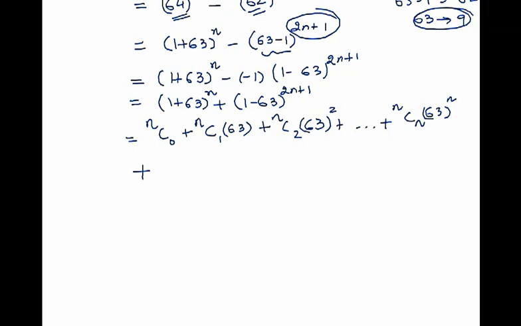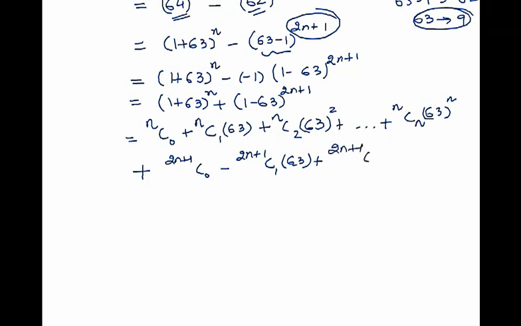Now we will expand the second expression, that will give (2n+1)C0 minus (2n+1)C1 63. Here the minus sign will be there because 63 is a negative quantity, and here 63 has power 1, so this minus sign we have taken out over here.